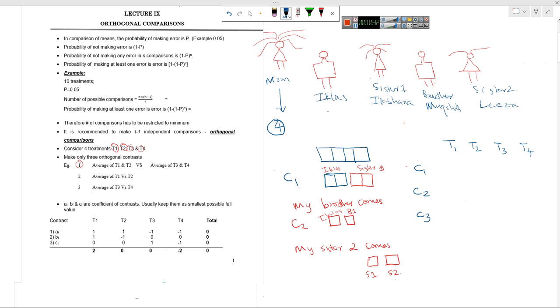So now this is 1, 1, minus 1, minus 1, totally 0. Because 4 were there, 2 is taken by me, so this is 1, this is 1. There is a rule: the summation of Ci should be equal to 0. So this is 1, 1, negative 1, negative 1.